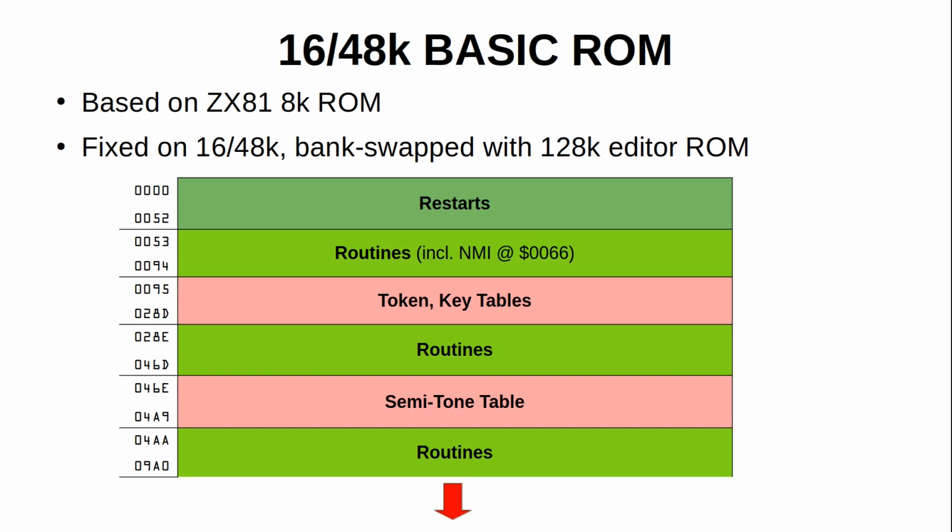The ROM begins with the restarts, which we've already talked about in this series, and we'll see some more details on them shortly. Then there are regular callable routines, including the NMI service routine that needs to be at 66 hex. Then we see the first data tables in the ROM, starting with the token strings that are used for all of the BASIC keywords, like LOAD and PRINT that can be printed to the screen with a single key press.